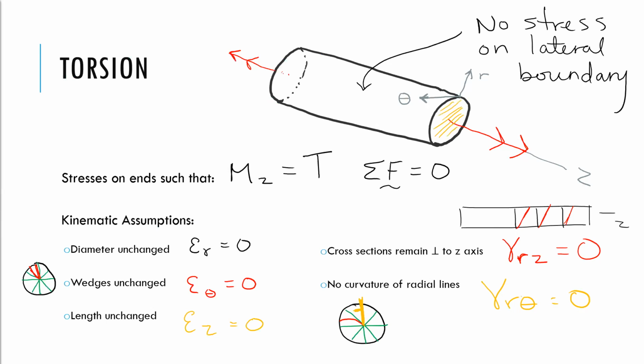And I'm saying that that angle does not change. So everything is 0, except for what? Gamma theta z. Perfect. So gamma theta z is the only non-zero quantity when we apply this torque.